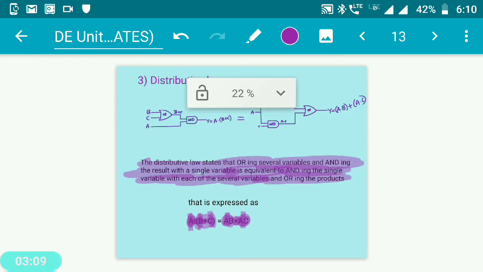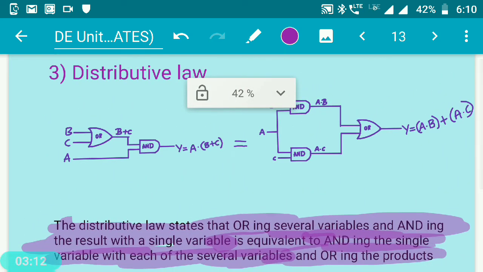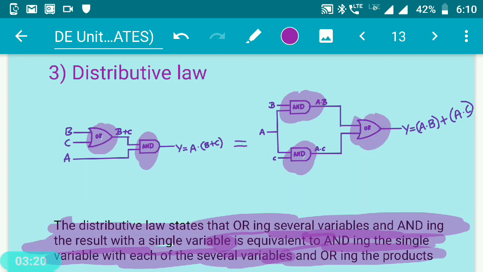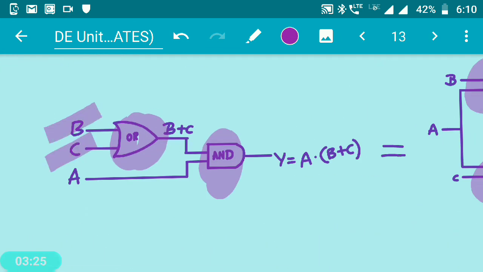Looking at the logic diagram, we first take an OR gate and then an AND gate. Here we take two AND gates first and then give their outputs to the OR gate. B and C are given as the input to the OR gate. The output is B or C. Then it is given to the AND gate along with A as one of the inputs.